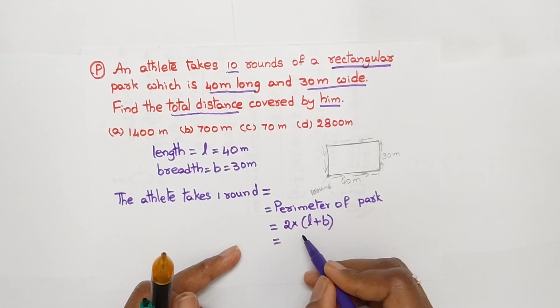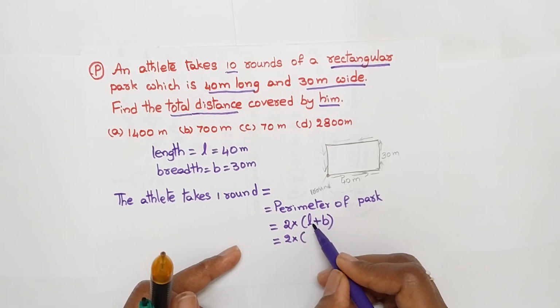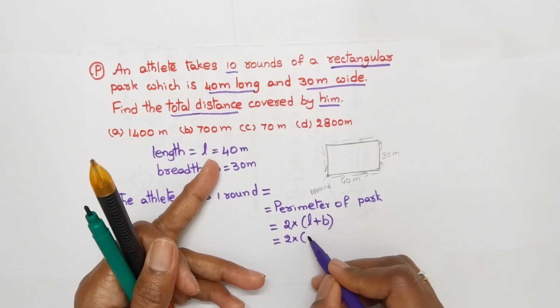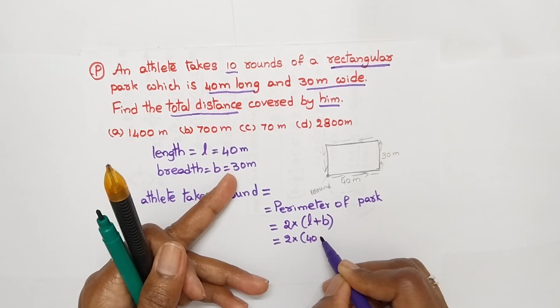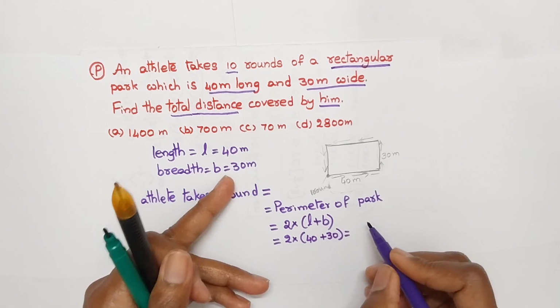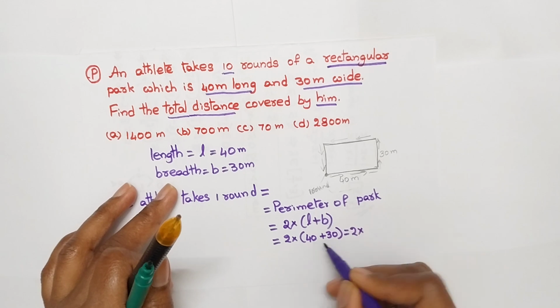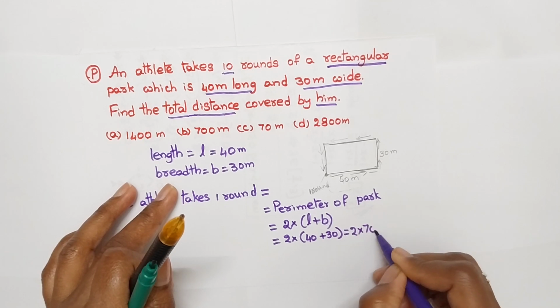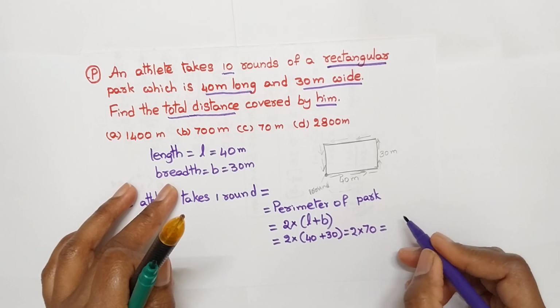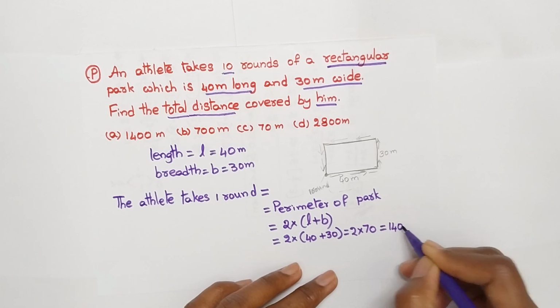We substitute the values of L and B, L 40 plus B 30. That equals 2 into (40 plus 30), which is 70. 2 into 70 equals 140.